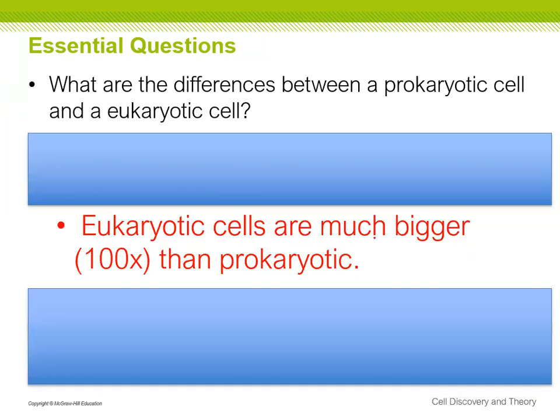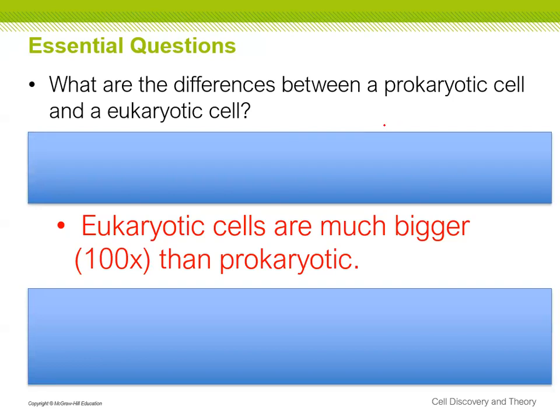Yes, so eukaryotic cells are much bigger, up to 100 times larger than prokaryotic cells. Which one of these two is more complex, prokaryotic or eukaryotic? Eukaryotics, yes, they are more complex.